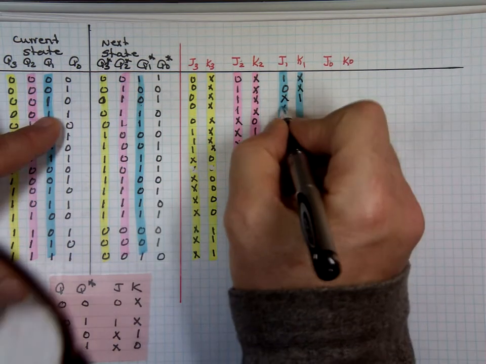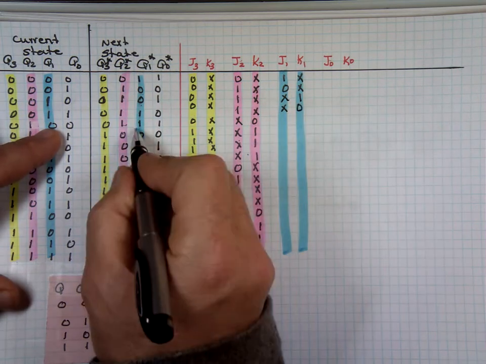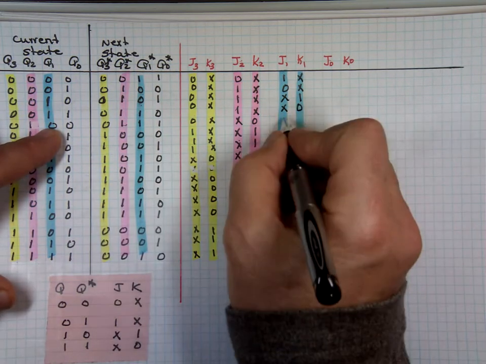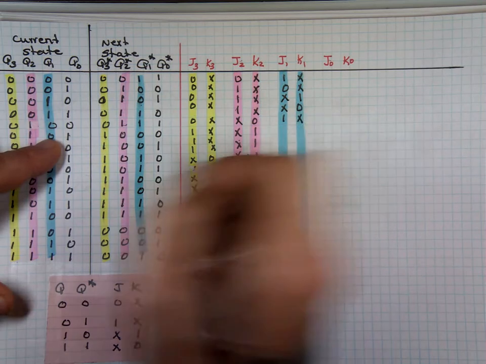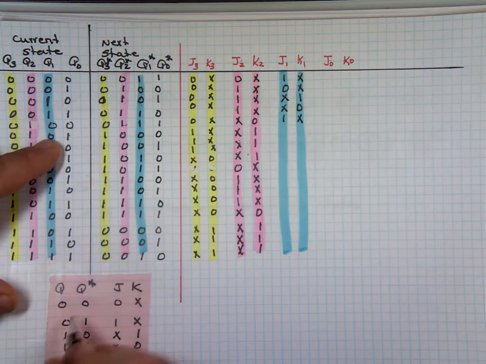I don't like this one. Changes a lot. 0 to 1, 1 and don't care. 0 to 0, 0 and don't care.